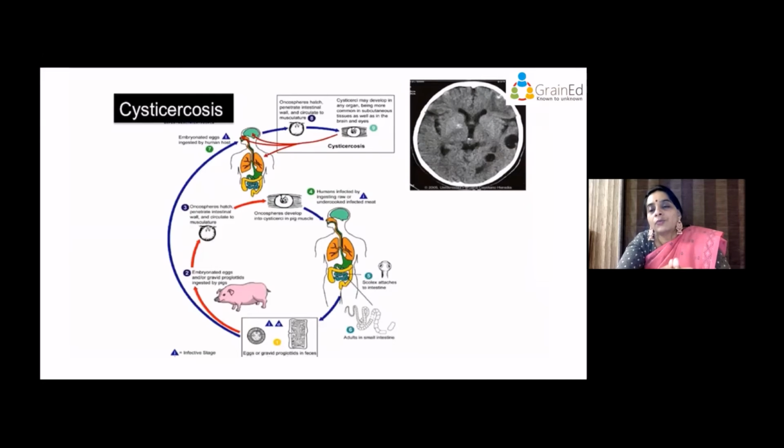Number two, the meat that is being eaten has to be very, very properly cooked. Very properly cooked can destroy this. Okay. But it has to be very properly. Something which is a little bit half cooked or little cooked will not destroy it. But it can come through all the other routes that we have already discussed. Is that clear?